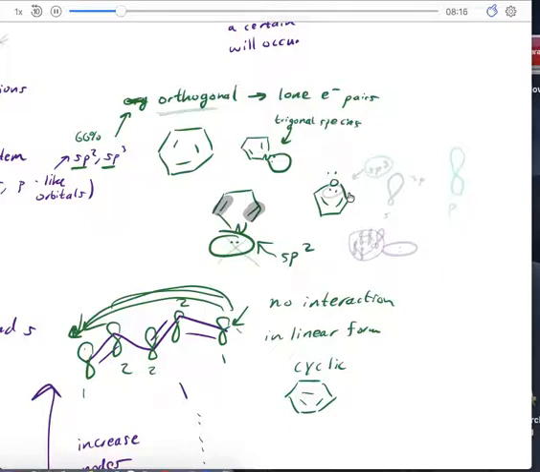It's orthogonal to the pi conjugated system. So the p orbitals in the ring are like rotating around like this, whereas the nitrogen electrons are like that. And because those are orthogonal, this pair of electrons will not contribute to aromaticity. Does that make sense?